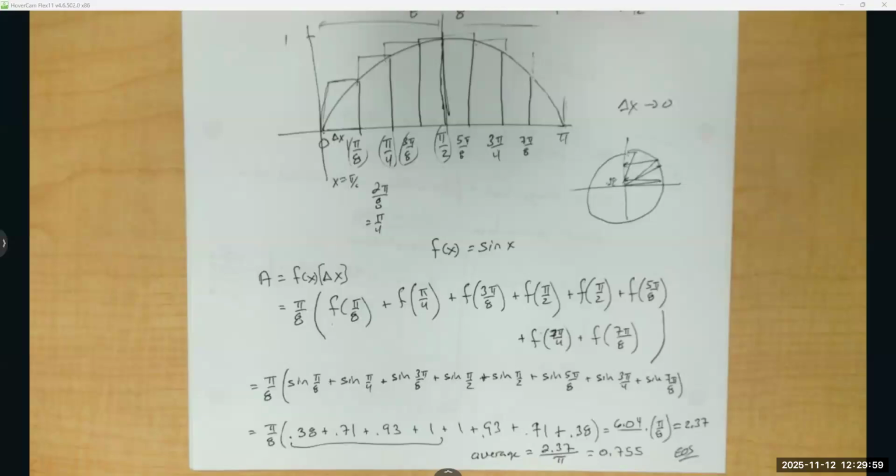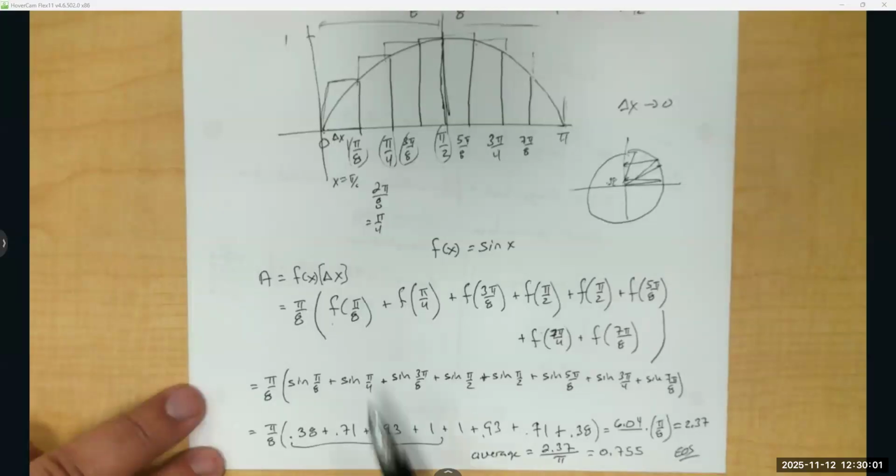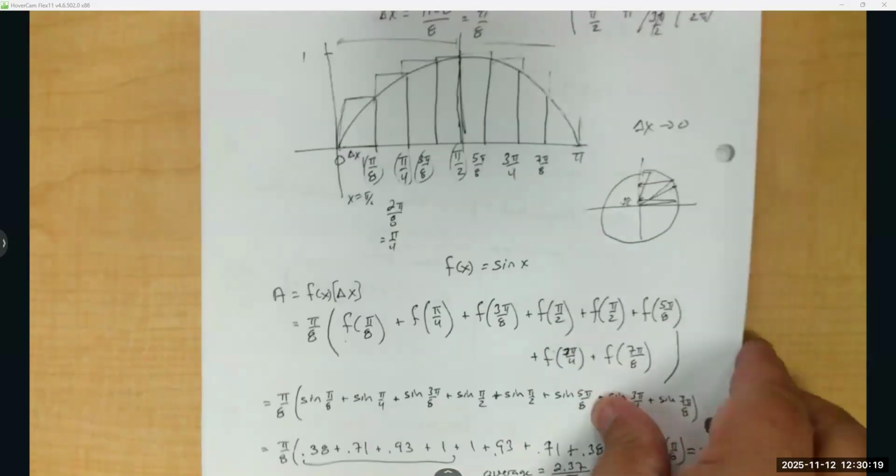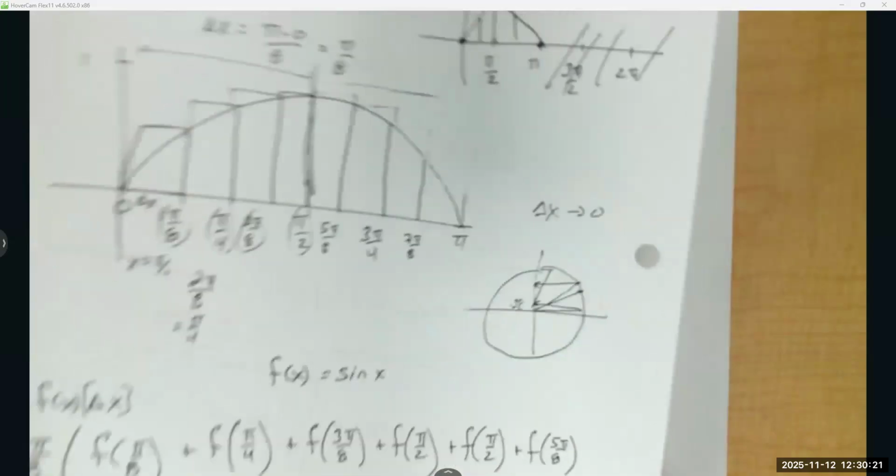What if we had 16 intervals, or 32 or 64? Our delta x gets smaller and smaller, so we have to look at limits. Next time we'll introduce notations and symbols, and then go into how limits fit into this whole thing.